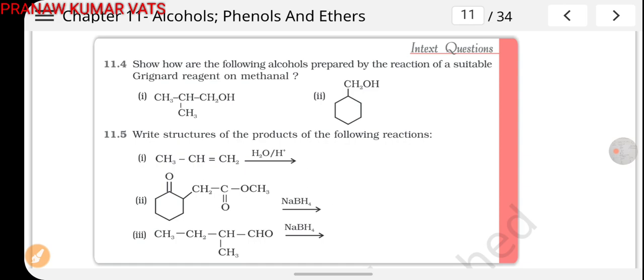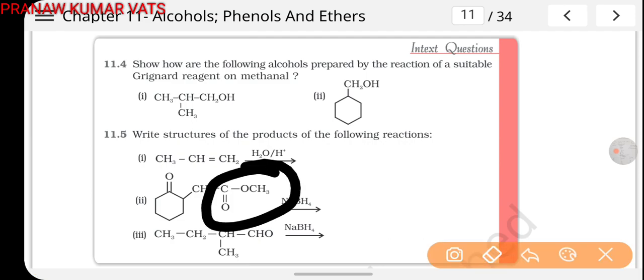In the second question, we have reagent NaBH4. We have studied that NaBH4 is a reducing agent for carbonyl group, but it cannot reduce carboxylic group. So here we can see two C=O, but one C=O is of carboxylic group. The circled C=O is of carboxylic group, so carboxylic group cannot be reduced by NaBH4, sodium borohydride.